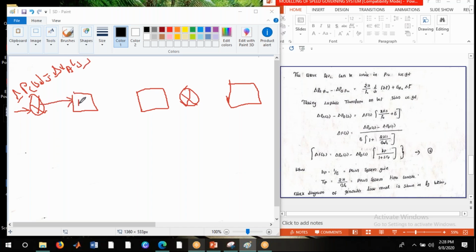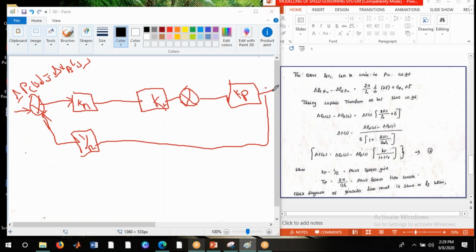The governing model is denoted by Kg, then Kt, and then Kp. Here the feedback is the frequency value, which gives the regulation value, delta f of s. So this is the block diagram representation of the speed governing system.